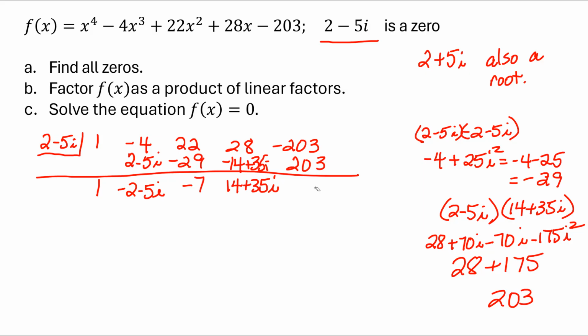And that means that we did this correctly, which is important because now we're going to use these coefficients to divide by 2 plus 5i, because we also know that is a root. So 2 plus 5i, we're going to divide that into these coefficients here: 1, negative 2 minus 5i, negative 7, and 14 plus 35i.